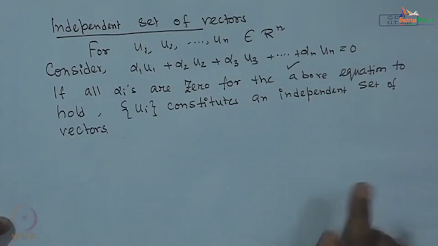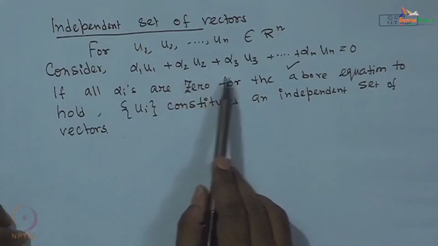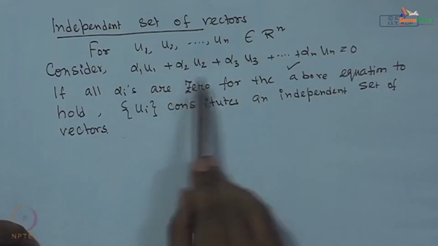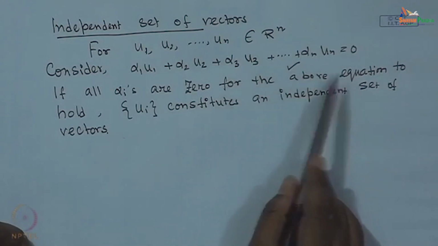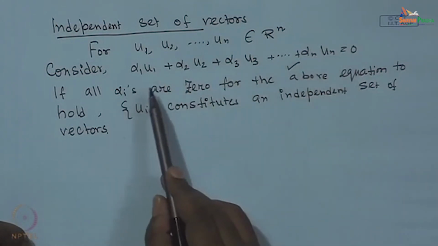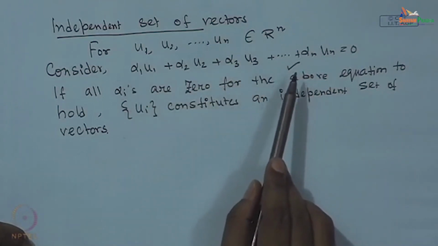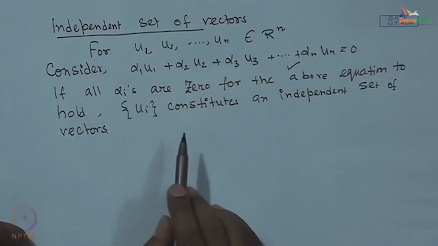That means, if we have a linear combination of all n number of vectors as alpha 1 u1 plus alpha 2 u2 plus up to alpha n un, and that linear combination is equal to 0, to hold this relation, all the alphas should be individually equal to 0, then this set of vectors is called an independent set of vectors.